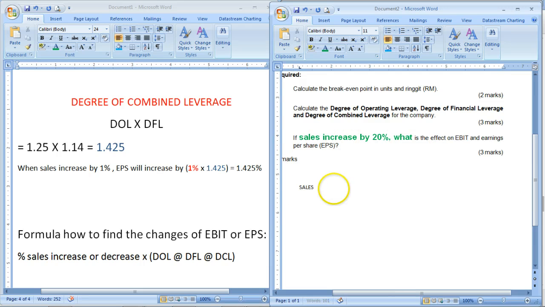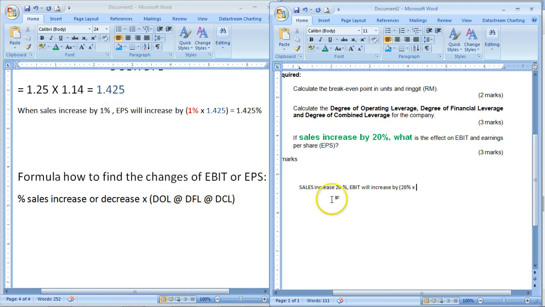So sales increase 20%. What happens to your EBIT? EBIT will increase by, how to calculate? The question asks 20%, right? So use 20%. But which one do you want to multiply, DOL, DFL or DCL?